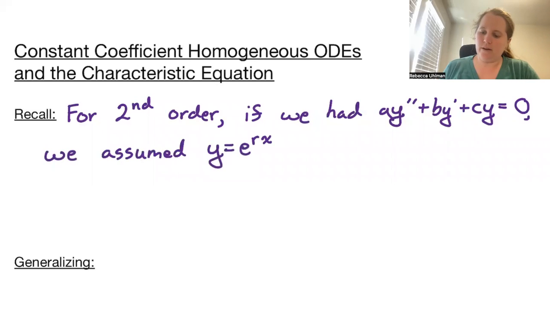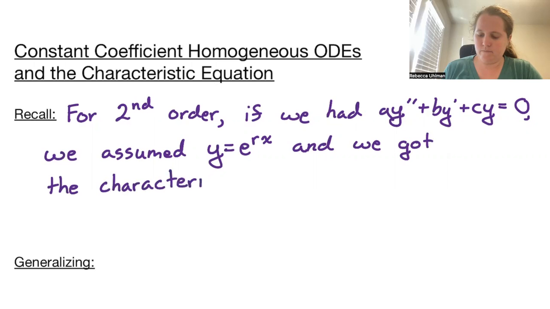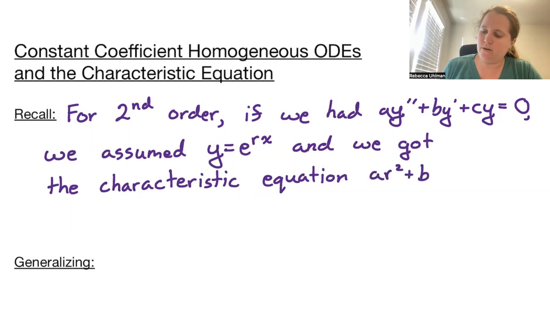And then we got the characteristic equation, ar² + br + c = 0, which could be used to find such solutions.